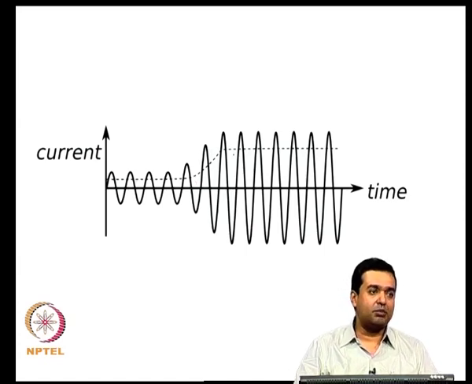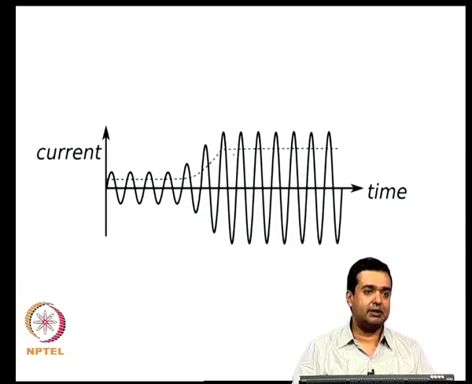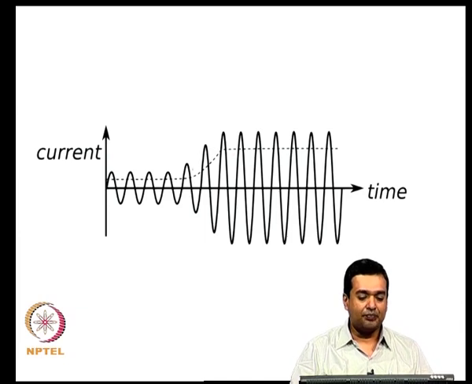When people talk about instantaneous protection in power systems, you are talking about a 2 to 5 cycle time frame, so tens of milliseconds.